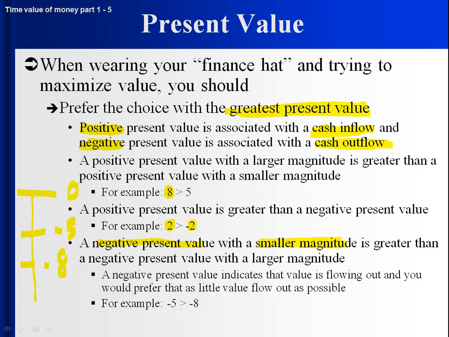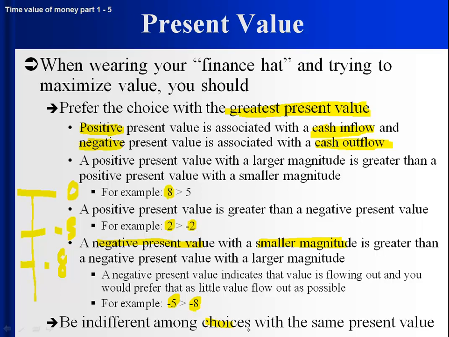You can see -5 is greater than -8. But beyond the numbers, if I gave you a choice, would you rather pay me $5 today or pay me $8 today? I'm assuming you'd say you'd rather pay me $5 today. So when you see those negative present values, it's comparable to how much you would pay, and we obviously want to pay as little as possible.